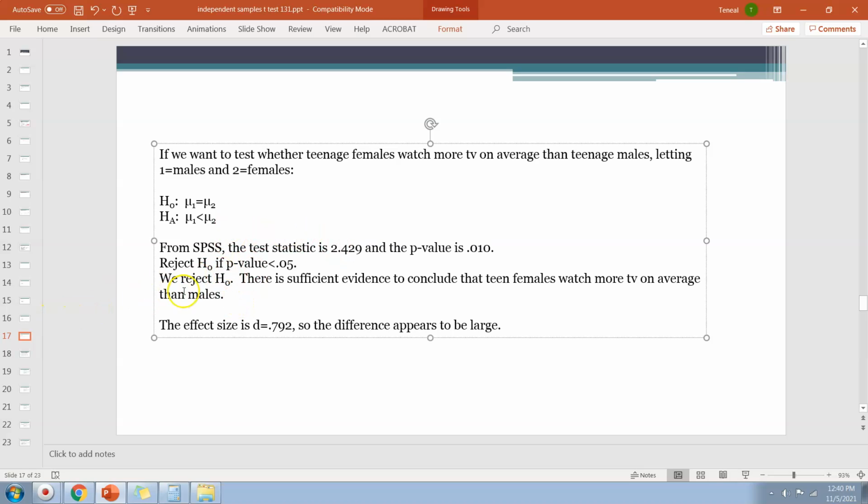And as always, we're rejecting H0 if p-value is less than 0.05, and then nothing else from here changes. So our p-value is still less than alpha, so we get the same rejection rule and the same conclusion. And our effect size doesn't depend on whether this is one-tailed or two-tailed, so we get the same effect size and the same interpretation on the effect size.